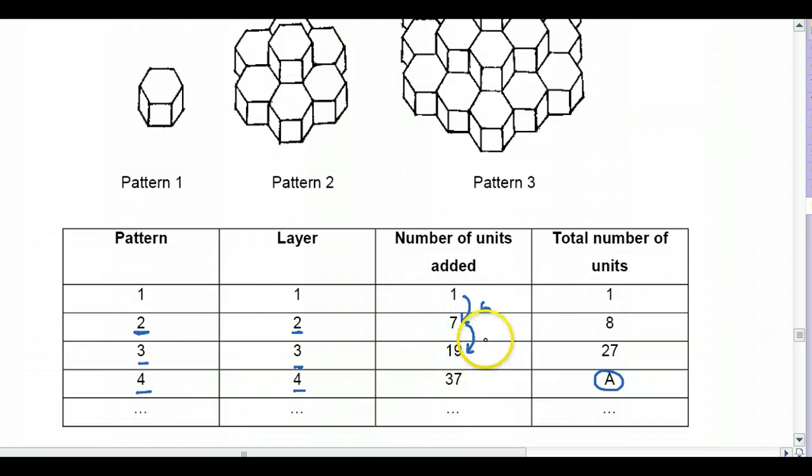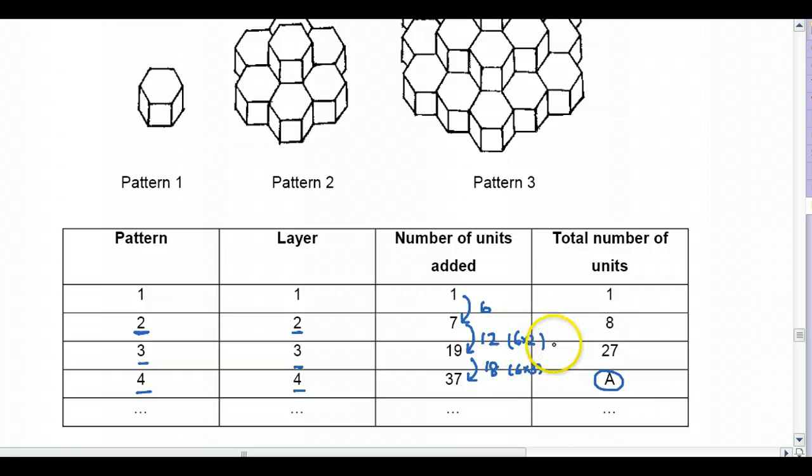Second layer to third layer, I have 19 minus 7 is 12. From third layer to fourth layer, I have 18. Can you see a pattern? Yes, right? You can see that this is 6 times 1, 6 times 2, 6 times 3.